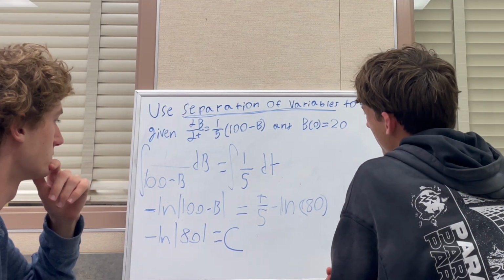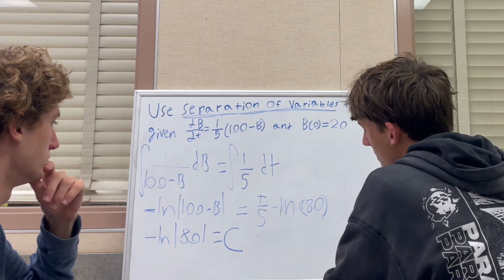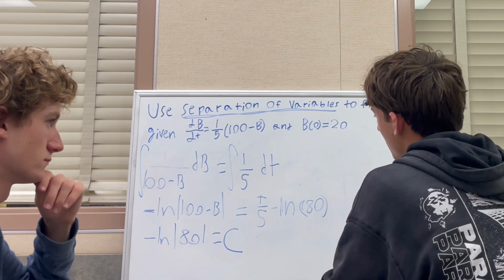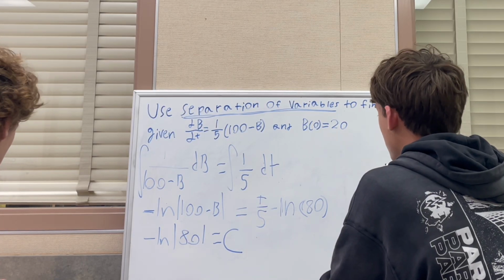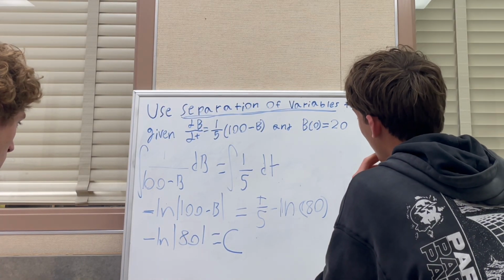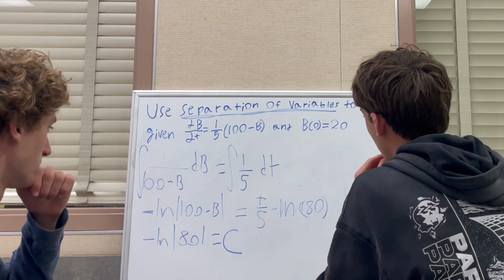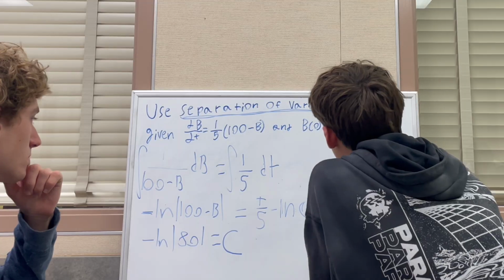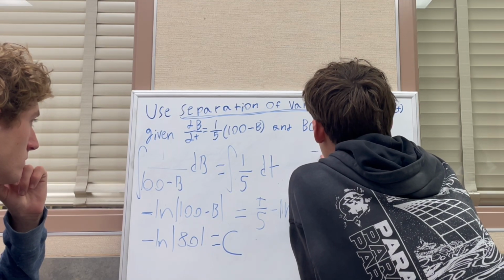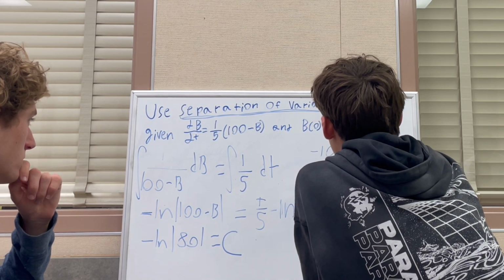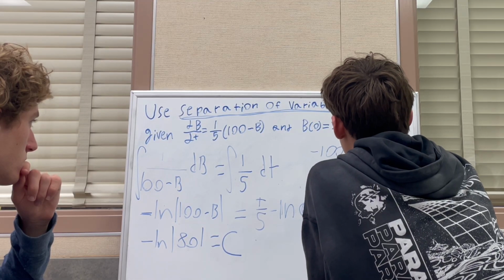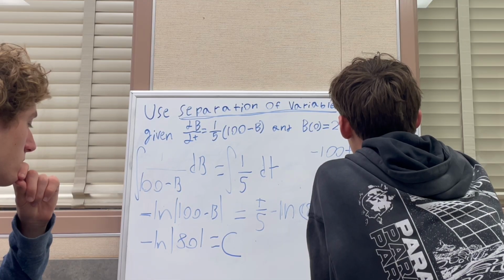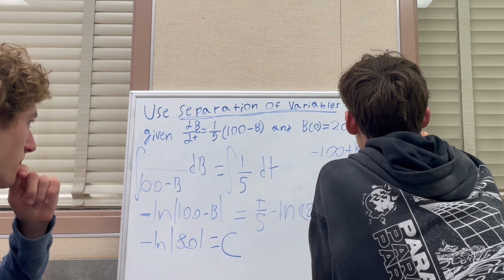And now, I think I recognize this from an old question. So we can set e to the power of both sides. So we get e to the negative ln of 100 minus b equals e to the power of t over 5 minus ln of 80. But I'm not going to write that out right now because most of that stuff actually drops back down. Since e to the power of ln of something is just that thing, we actually get negative 100 plus b is equal to negative 80 times e to the power of t over 5.